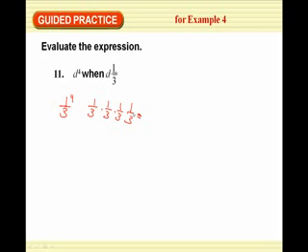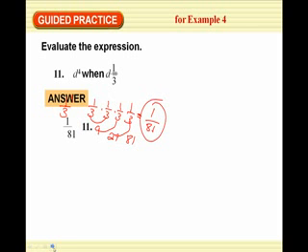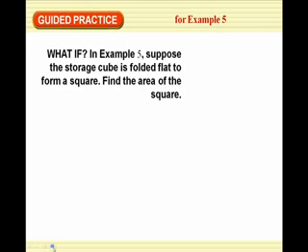So we multiply all of those numerators. 1 times 1 times 1 times 1 is 1. 3 times 3 is 9. Times 3 is 27. Times 3 is 81. So the answer is 1/81. See if it agrees. Yep, there it is. Doesn't like fractions very well. It always messes up the typing on it.